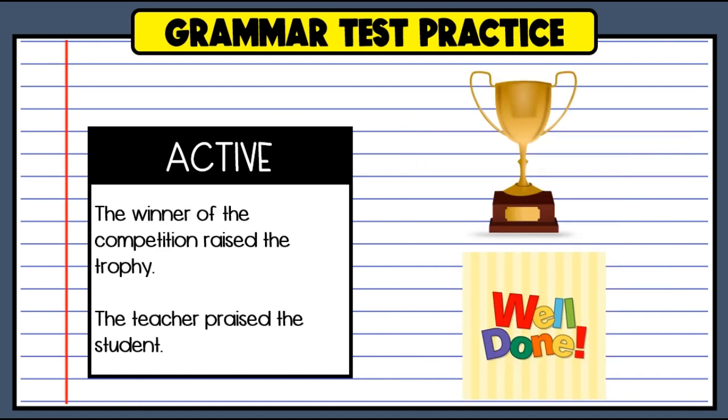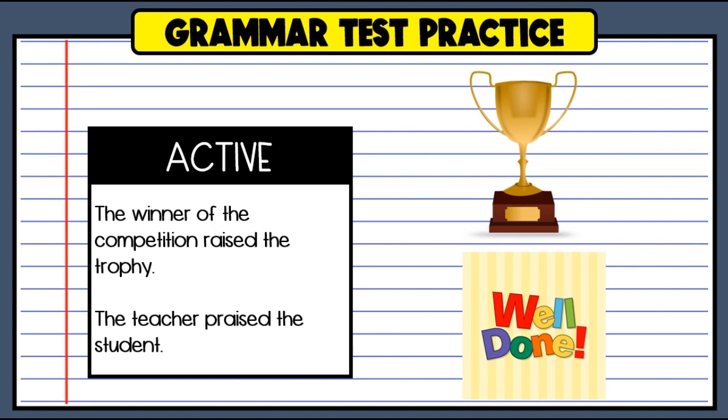We've got active here. So, in a sentence written in the active voice, the subject of the sentence performs the action. So sentences which use the active voice are usually more straightforward to understand as they're just clear and direct, aren't they? Both sentences use the active voice. We've got here the winner of the competition raised the trophy. We've also got the teacher praised the student.